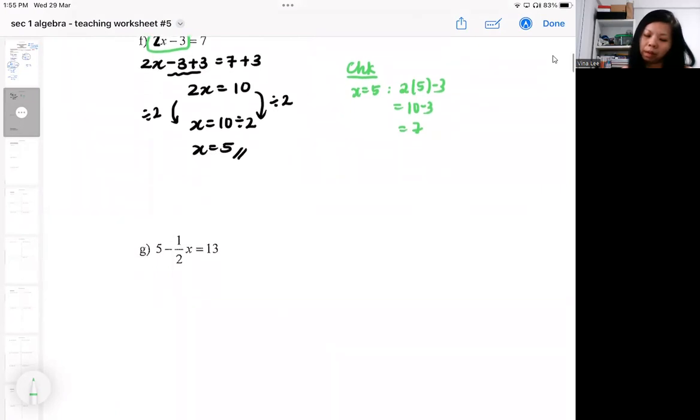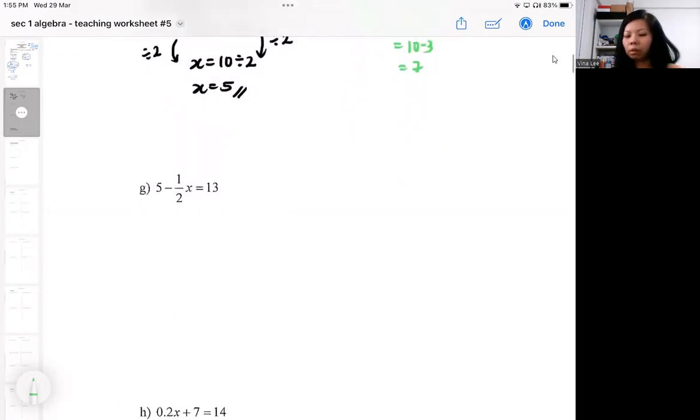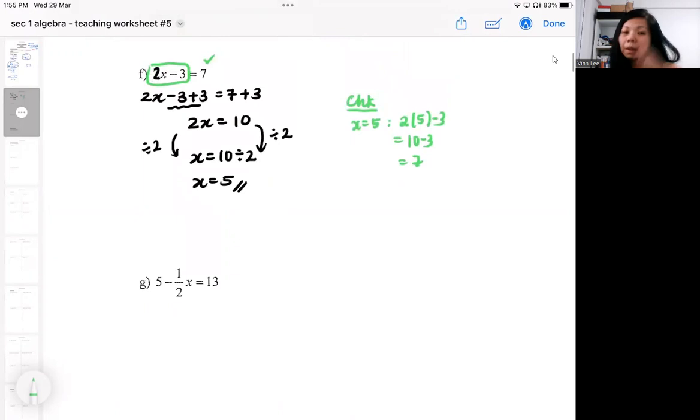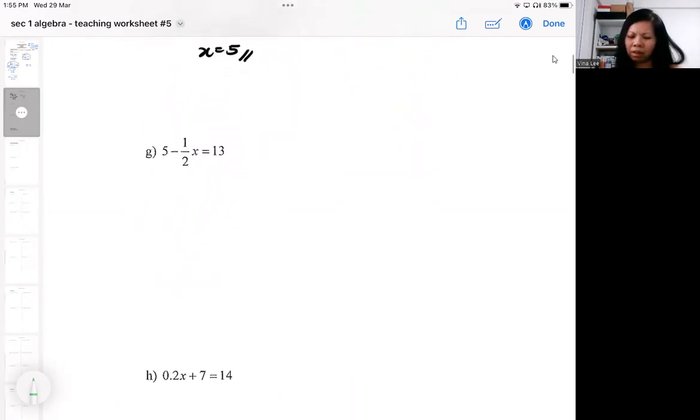In the next one, some people, when they see fractions or decimals, start to get confused and wonder how to do it. The method doesn't change. You need to add something on both sides or subtract something on both sides. Your aim is to isolate the x. So I'm going to isolate my x by subtracting 5 on both sides, because 5 minus 5 will disappear.